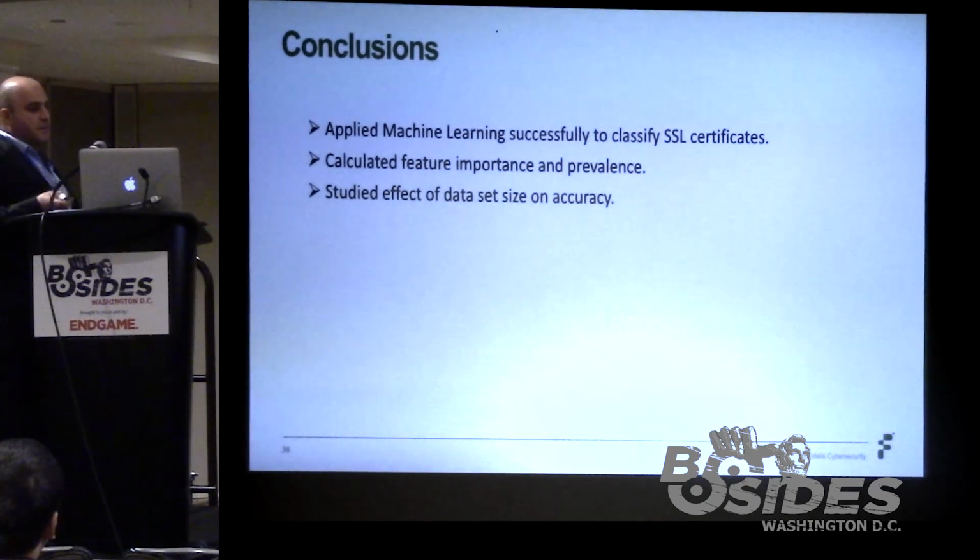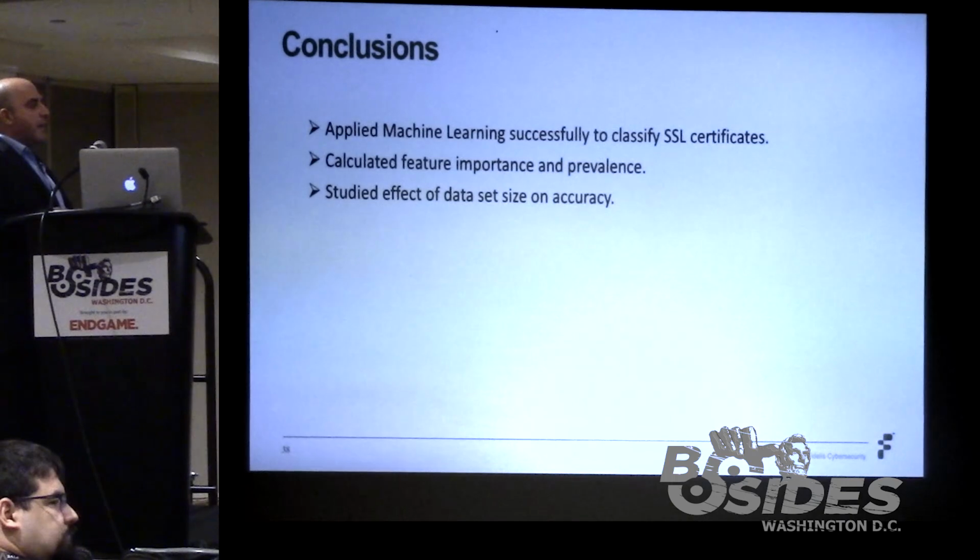It's not exact. Sometimes you can see a lot of features that look good, but there are other features, and it ends up being bad. But you get a good intuition. We studied the effect of the data size, being limited by the number of malicious certs, and we see that it doesn't really hurt us.